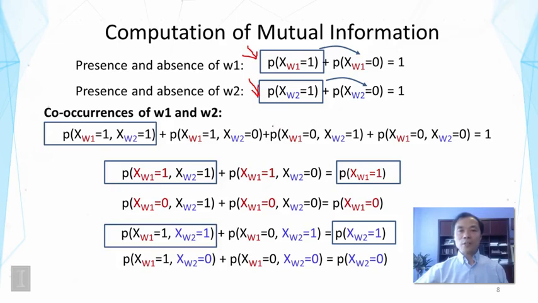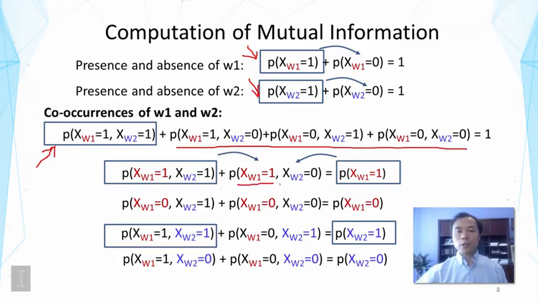Now let's look at their joint distribution. Right? Let's assume that we also have available the probability that they occur together. Now it's easy to see that we can actually compute all the rest of these probabilities based on these. Specifically, for example, using this equation, we can compute the probability that the first word occurred and the second word did not. Right?